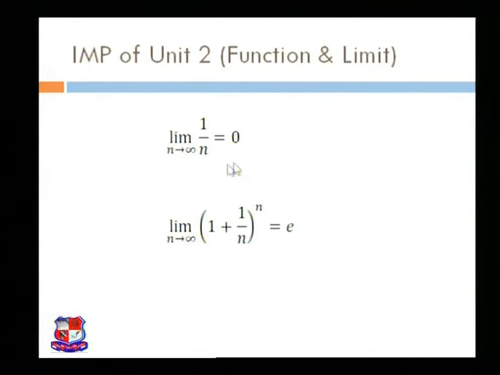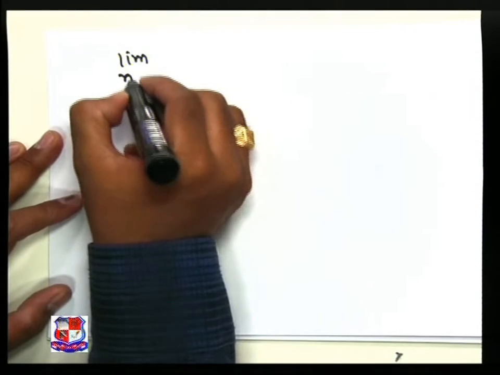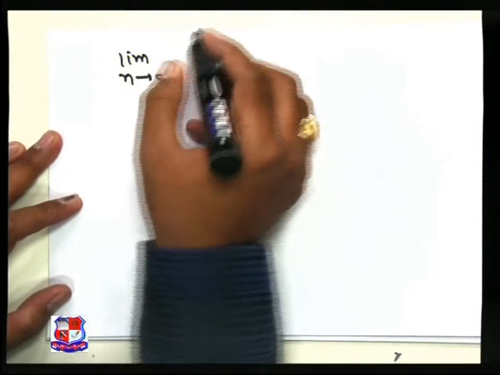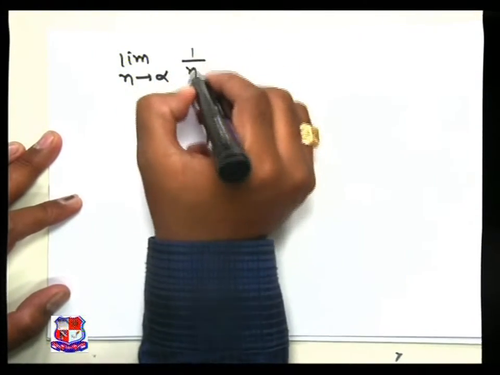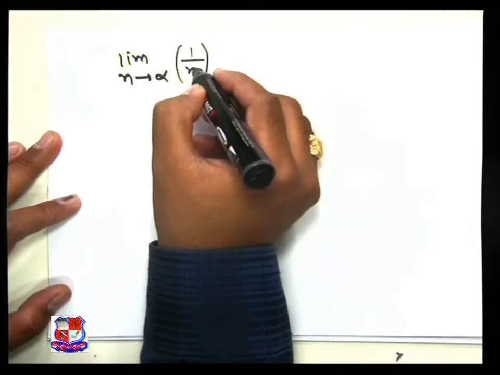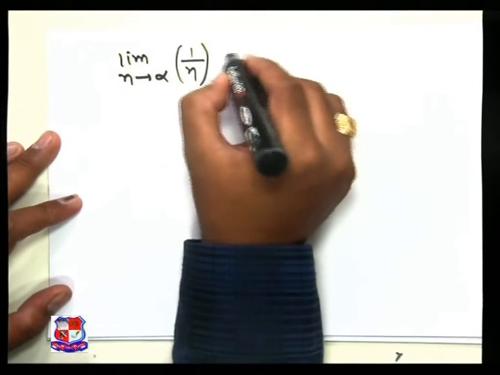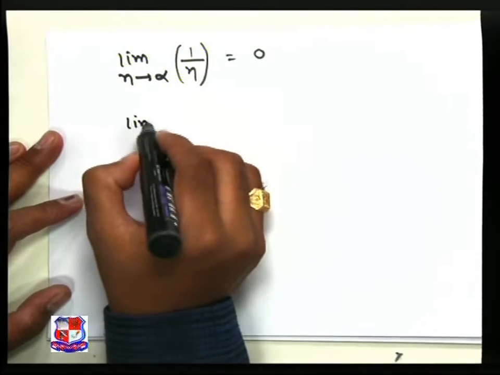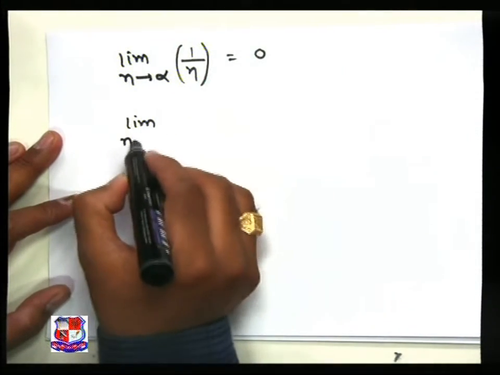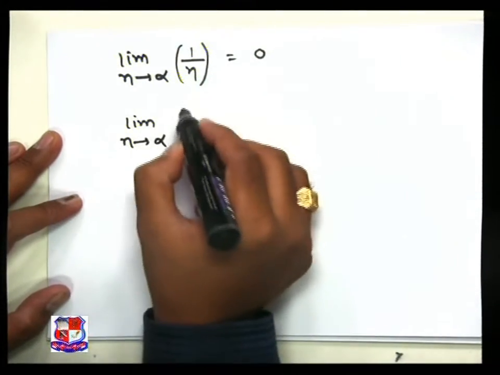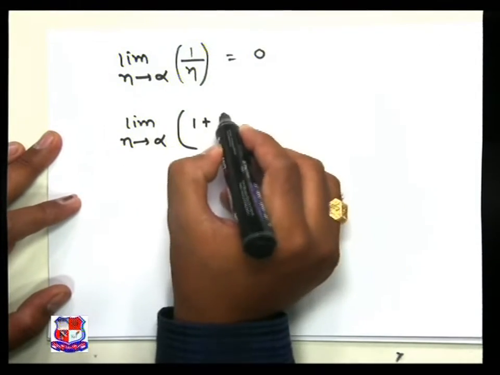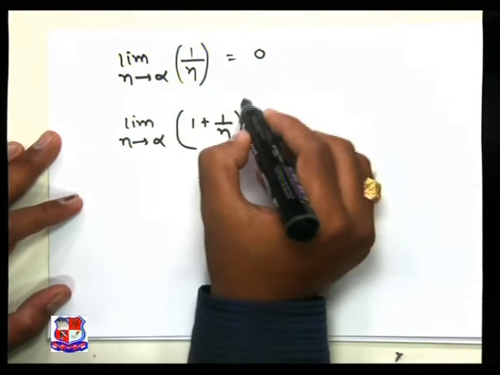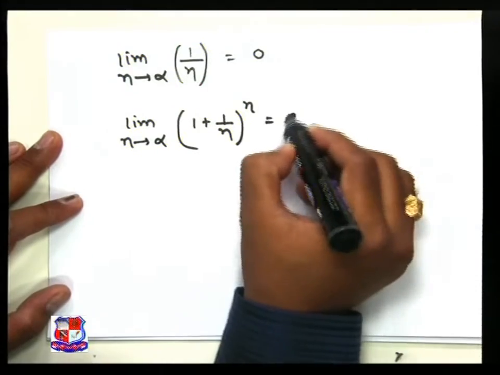So next theorem: limit n tends to infinity, if 1 upon n is coming in our sum, then our result is equal to 0, and limit n tends to infinity of (1 plus 1 upon n) raised to n, the result is e.